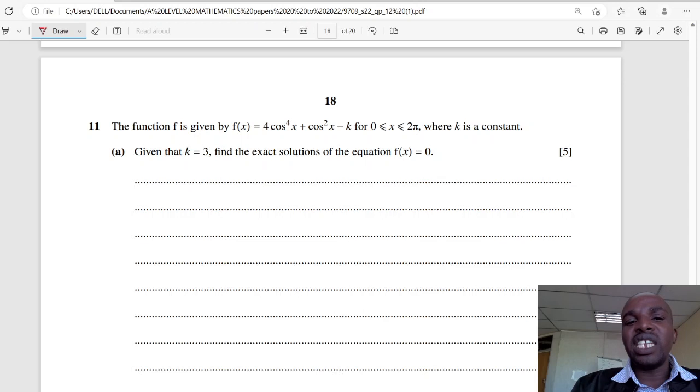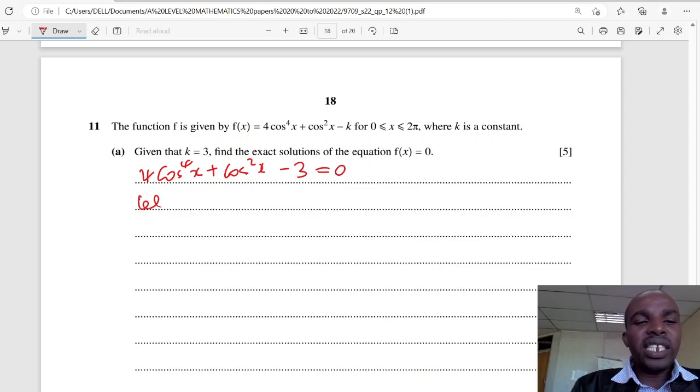Right, then question number 11. The function f is given by f of x equals this one, where k is a constant. Given that k is equal to 3, find the exact solutions of the equation f of x equals 0. Right, f of x is 4 cos to the power 4 x plus cos squared x minus 3 is equal to 0.